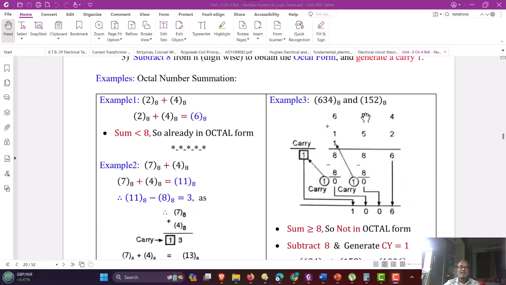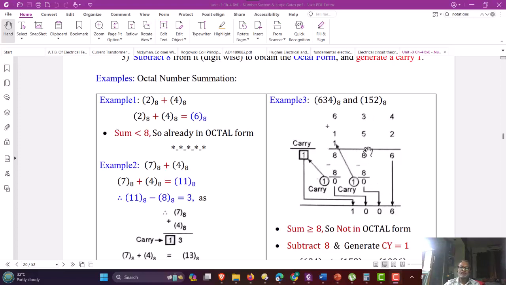So if you have a multi-digit number, then you can very well perform column by column addition. For example, 634 octal can be added to 152. In the last column, 4 plus 2 is 6. So the number is less than 8, so it can be continued as it is. Then second column, 3 plus 5 is 8.